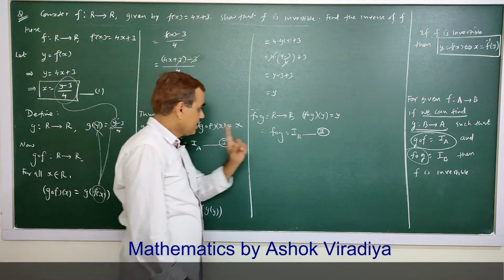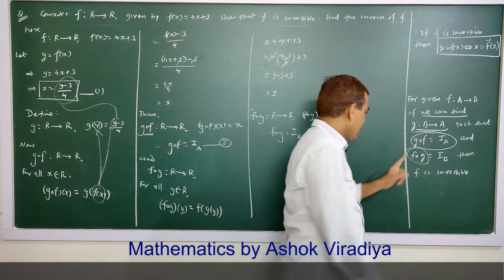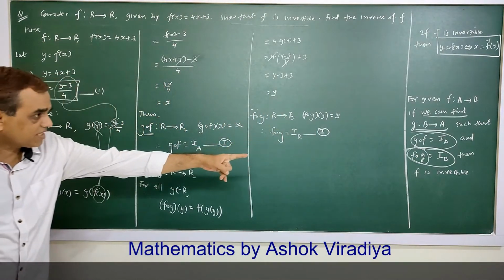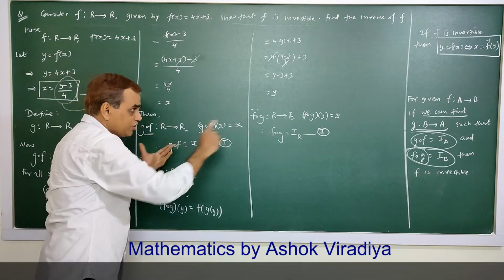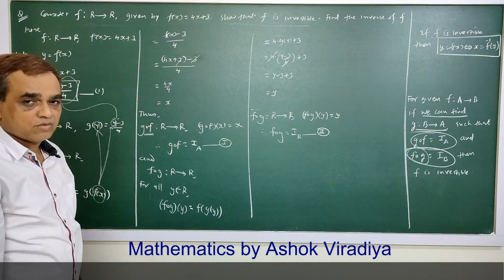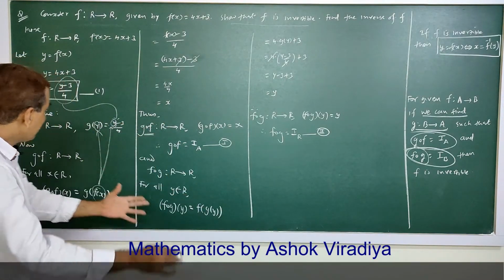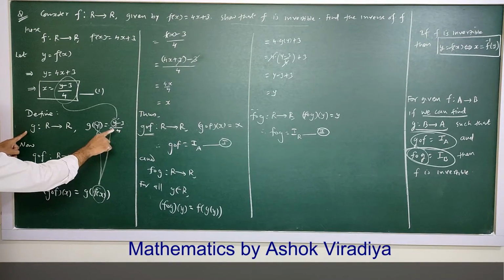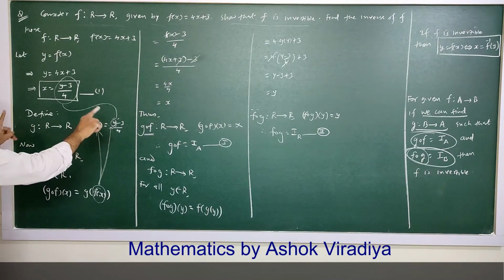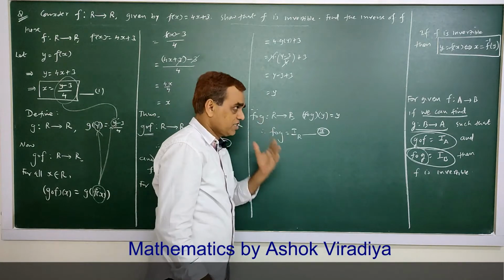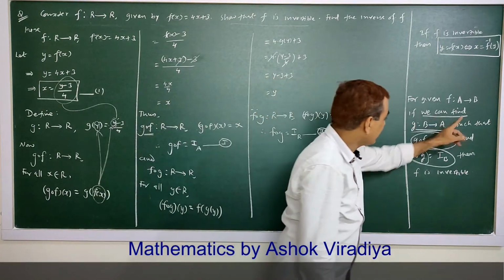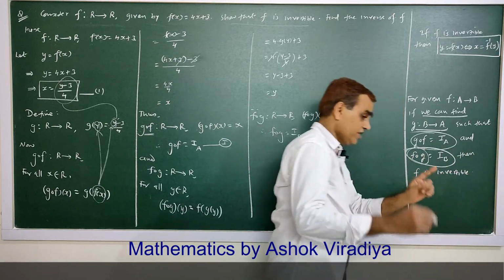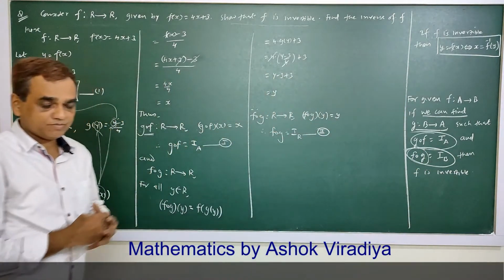So say this is gof and this is fog. Both conditions, condition 1 and condition 2, are satisfied. First of all, we have defined a function g. This function is satisfying both conditions, and if we can find g satisfying these conditions, then the function is invertible.